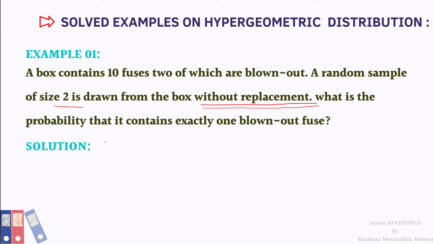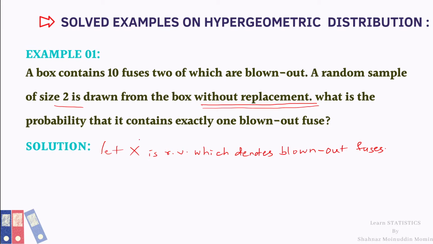So let us define a random variable. Let X be a random variable which denotes blown out fuses. This is our random variable. Now we will write the given terms.